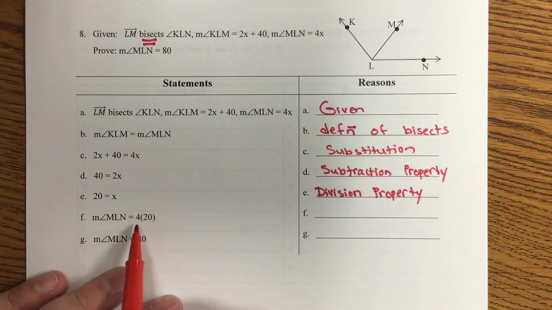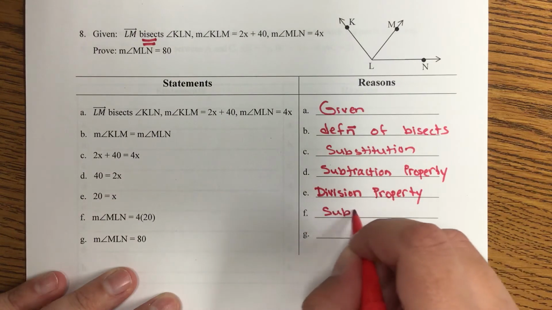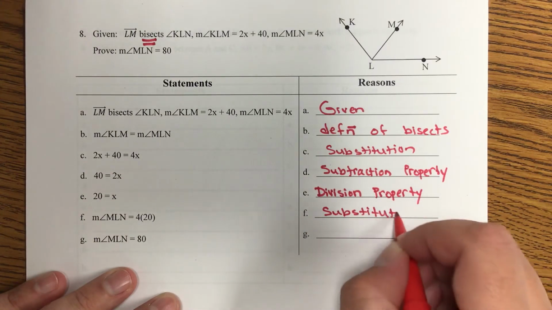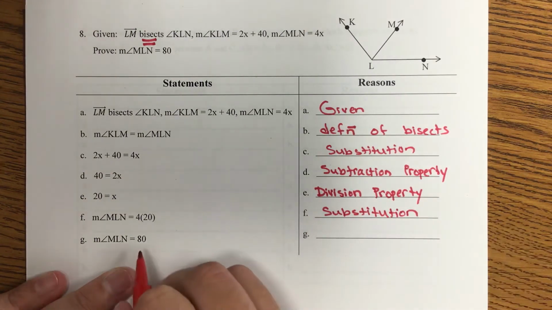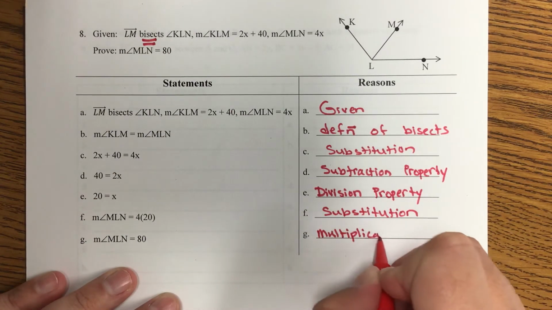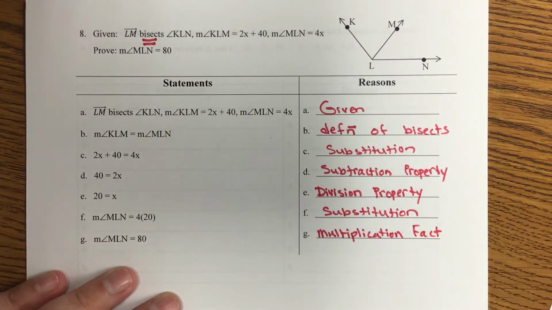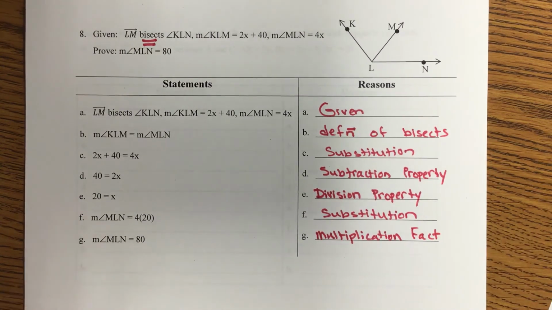Then the measure of angle MLN, they substituted that 20 in for x, so that's substitution. And this next one would be the multiplication fact, because they multiplied on the same side of the equal sign, okay?